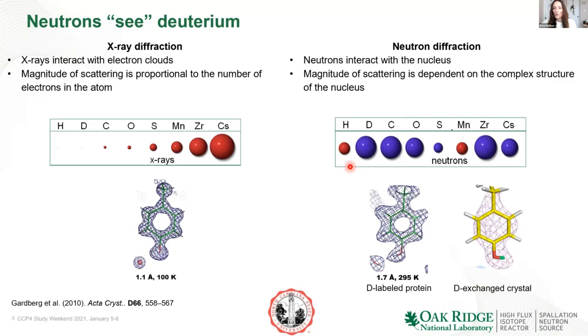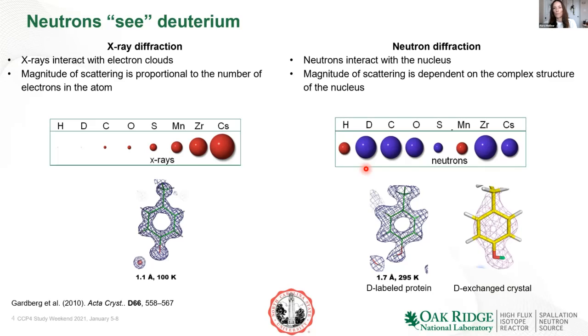What this scheme also illustrates is that neutrons differentiate between hydrogen and deuterium, that deuterium is a stronger scatterer than hydrogen, but also that deuterium scatters neutrons with the same sign as carbon, oxygen, and sulfur. So this is the reason why we prefer to use deuterium-labeled samples in neutron crystallography.